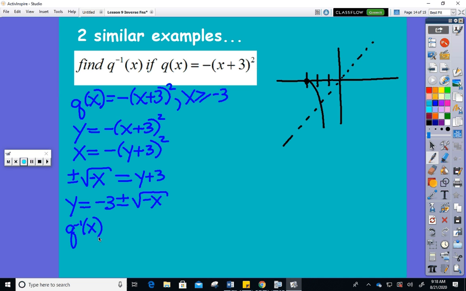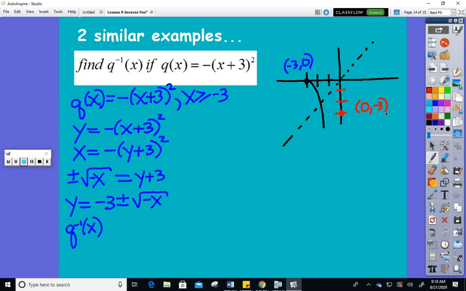Well, let's use some symmetry. So I know that if I've got on this blue graph or black graph, that's negative 3, 0. I know 0, negative 3 should be on my inverse, right? Because I'm reversing x's and y's. Let's see here.